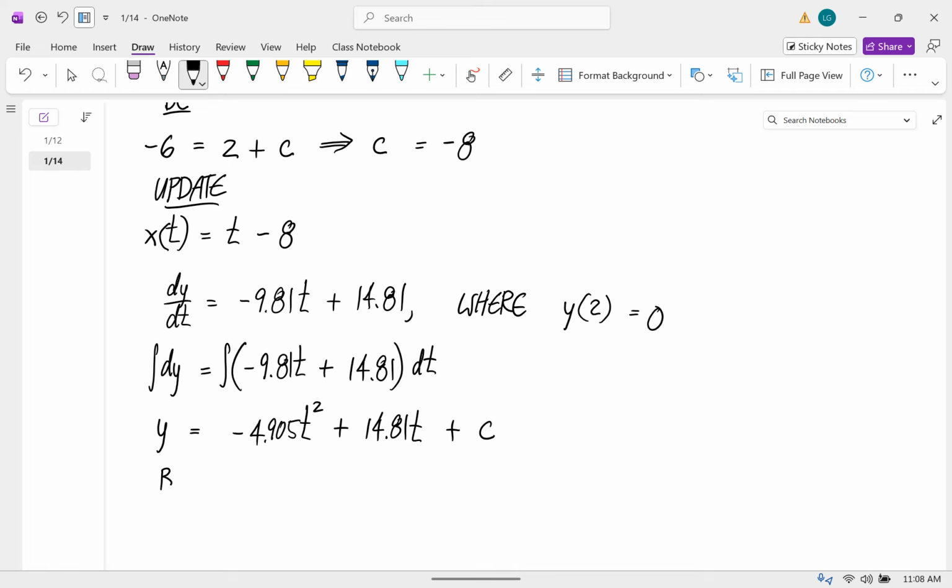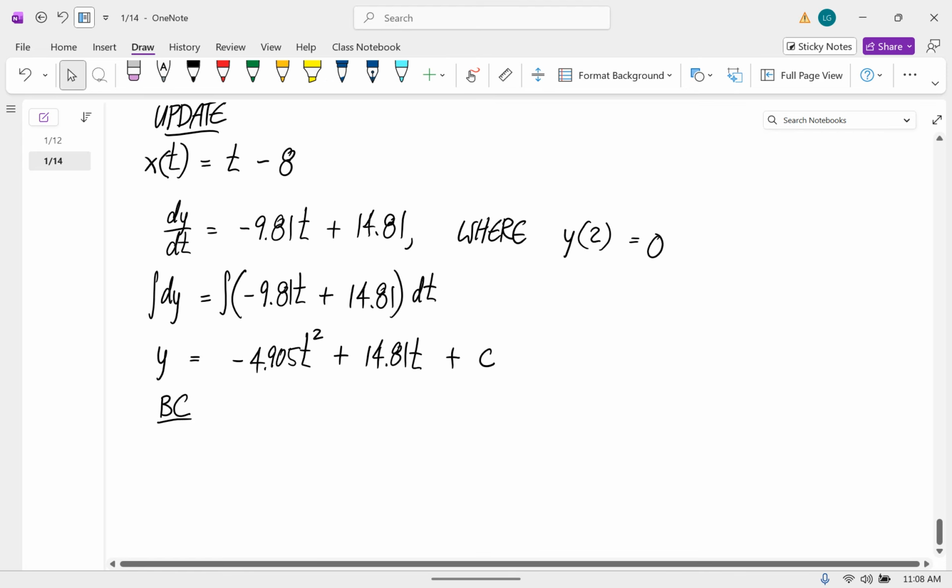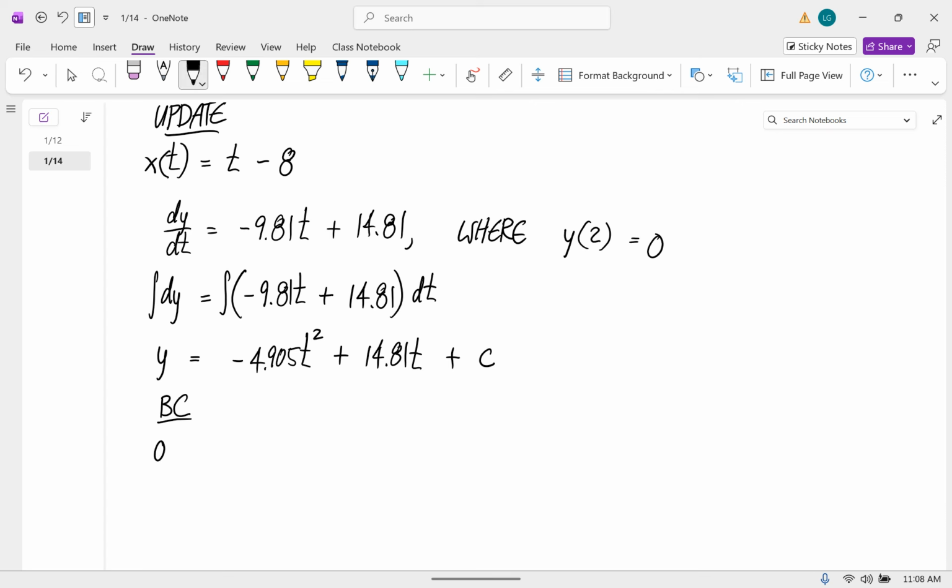Now we'll apply our boundary condition, which says we plug 0 in for y when we plug 2 in for t. So 0 is equal to -4.905 times 2 squared plus 14.81 times 2 plus c.